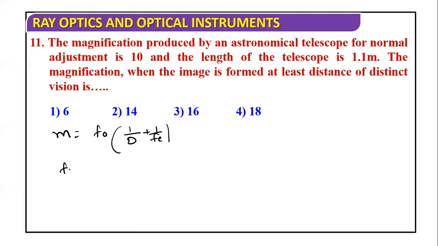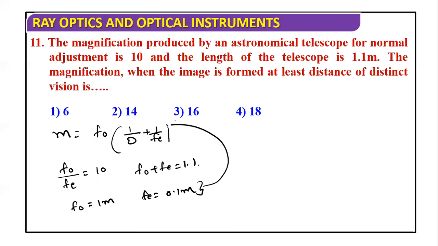The data is given that in normal adjustment, that means when image is created at infinity, magnification is 10. That is FO by FE is equals to 10 and length is 1.1. Solving these two, we will get F naught is equals to 1 meter and FE is equals to 0.1 meter.